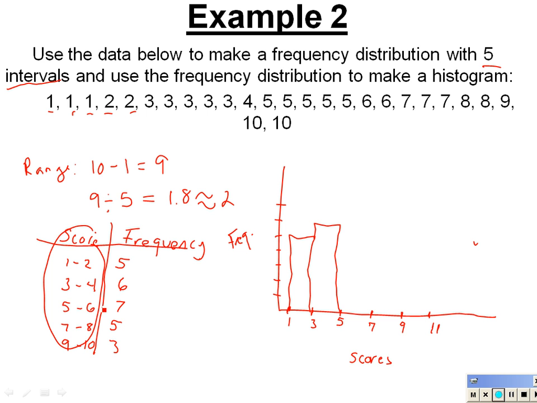For my next group, 5 to 6, we go up to 7. Notice how they're touching each other. The reason for that is because the data is continuous. Where one leaves off, the other one picks up. So for scores from 7 to 8, we have 5 scores, and for scores from 9 to 10, we have 3. So we're only going to go up 3 high on this one.